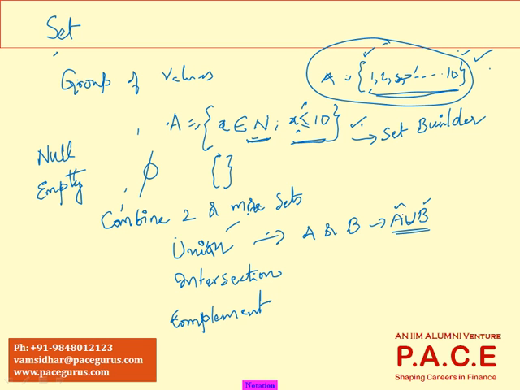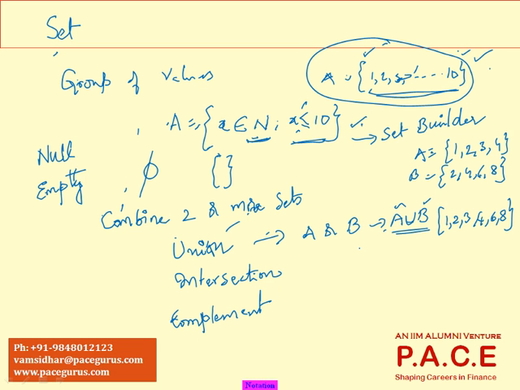So if I take a set like this, A is a set containing 1, 2, 3, 4, B is a set containing 2, 4, 6, 8, then if I have to denote A union B, all the values which are present in A as well as B are taken under the A union B kind of a relation.